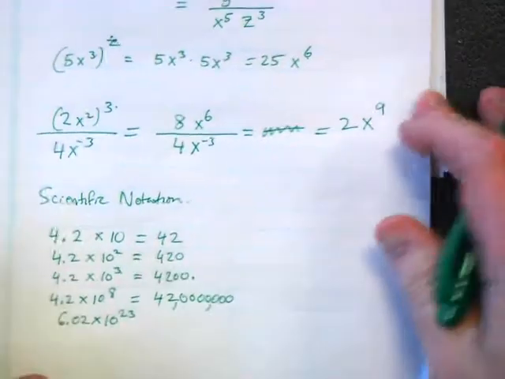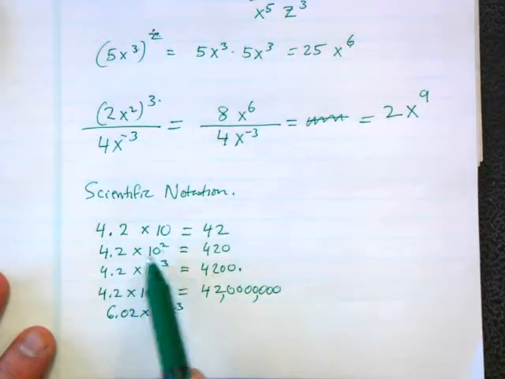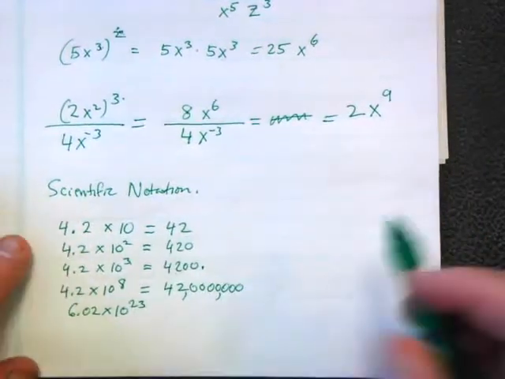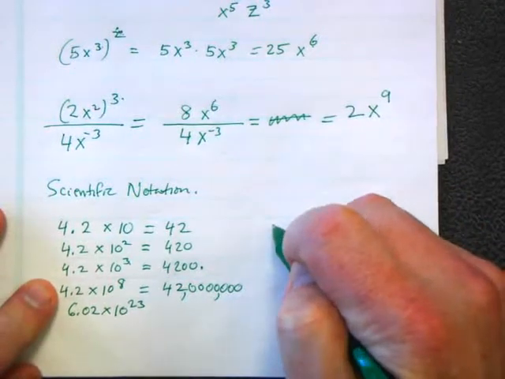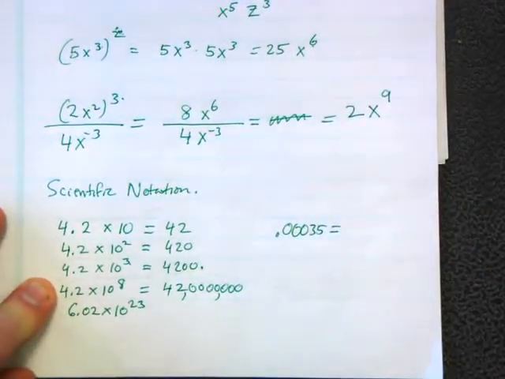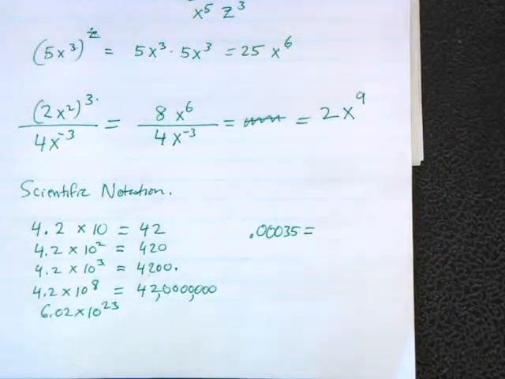What if you have negative exponents? Positive exponents move the decimal to the right. What do negative exponents do? Move it to the left. So if I were to give you 0.00035, how would you write that in scientific notation? That's a correct answer, but that would not be considered scientific notation.